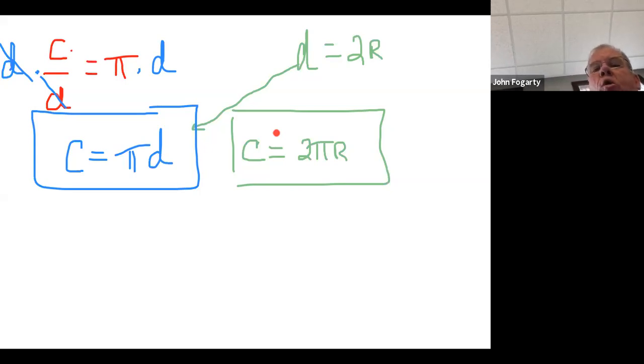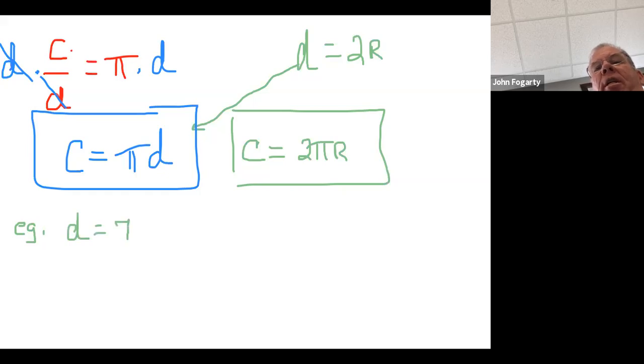So, for example, e.g. means for example. I say to you, I have a circle, and the diameter of the circle is 79 feet. What's the circumference? Which of those 2 formulas are you going to use?